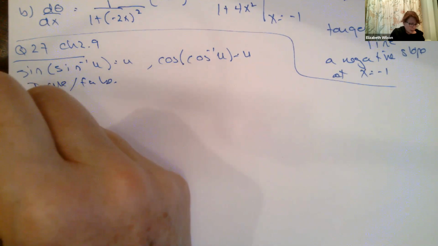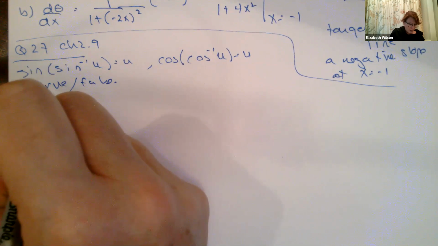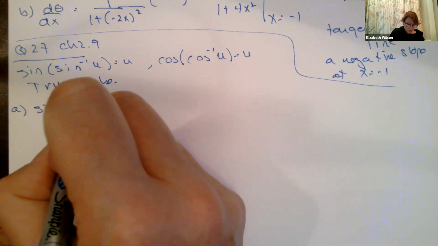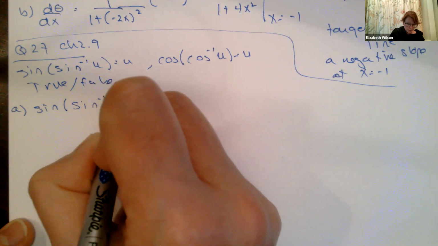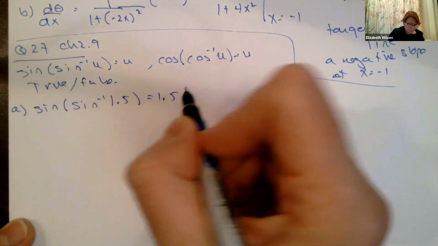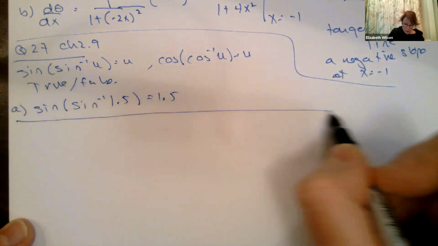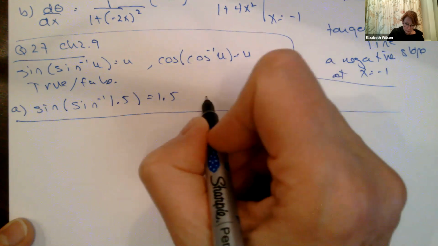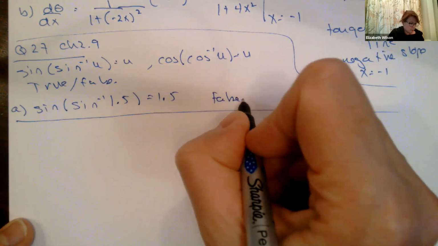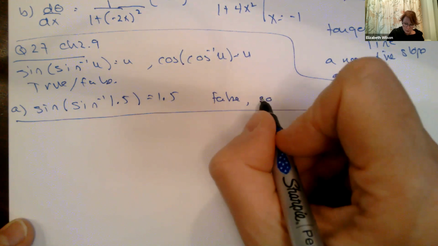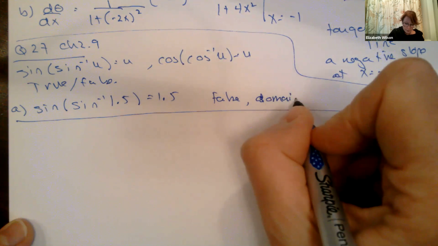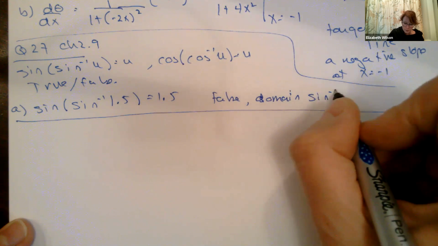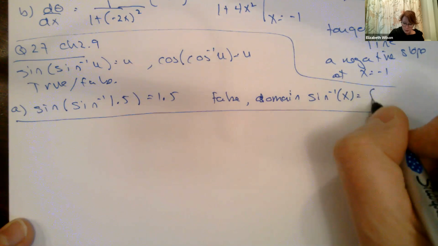All right, so part A says we've got the sine of the inverse sine of 1.5 is equal to 1.5. And this is false because the domain of the inverse sine of x is equal to -1 to 1.